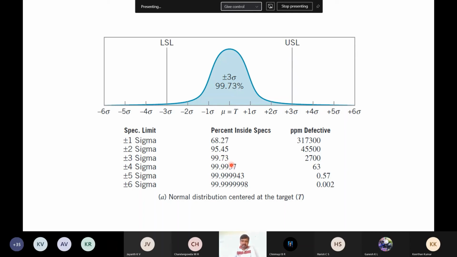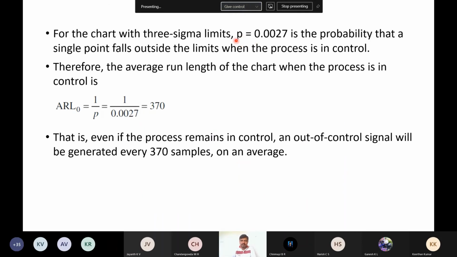So like that you will get this value of P for 3 sigma limits, because 0.27% of points will lie outside plus or minus 3 sigma. Since you are considering this P value for a single point, it will be 0.27 divided by 100, so P is equal to 0.0027.